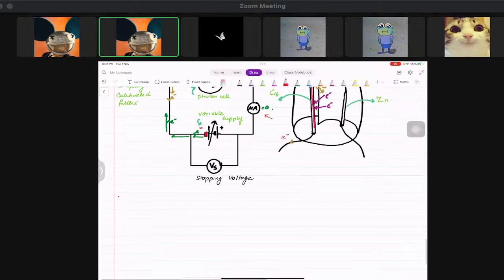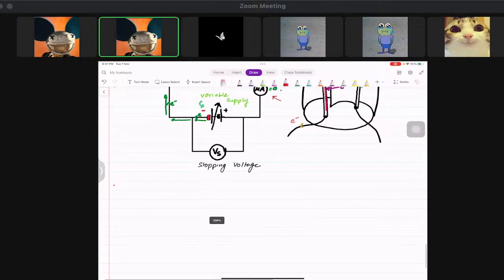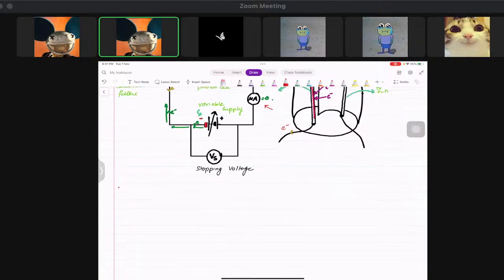So, first of all, we say that light goes and hits the surface, or in fact, I'll write the curved surface, and so the electrons are ejected from the metal surface.